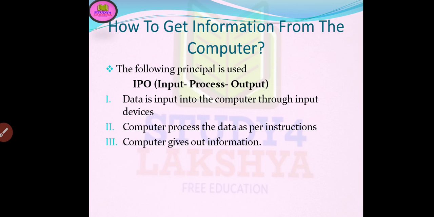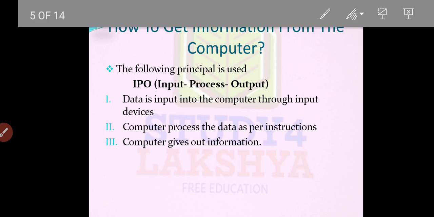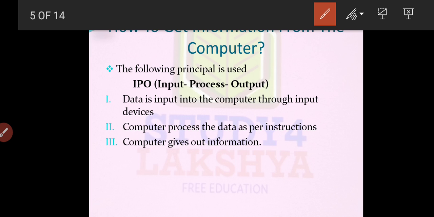So how do we get information from the computer? One thing you have to remember: input, process, output. This principle is used in every definition. You have seen the last three definitions. In every definition it is written that we give input data, it processes it and after that gives output.